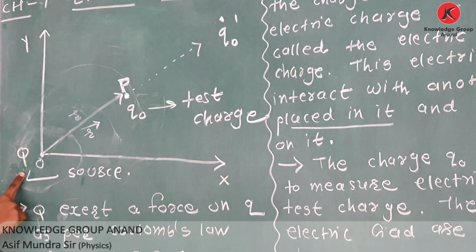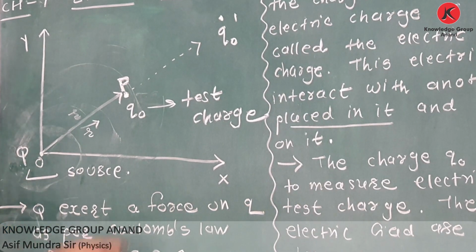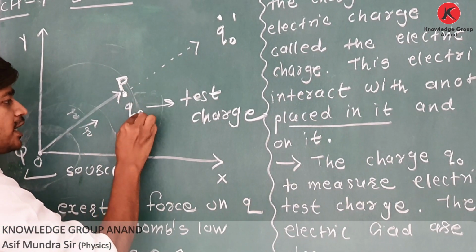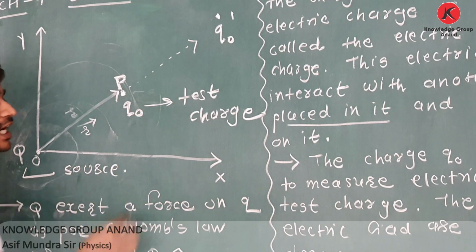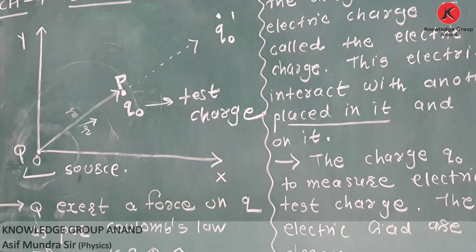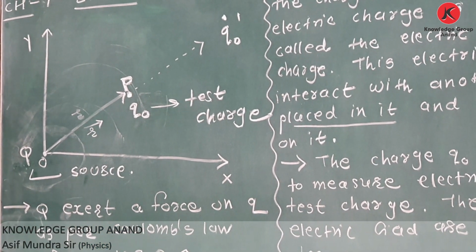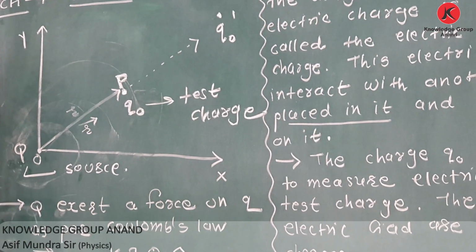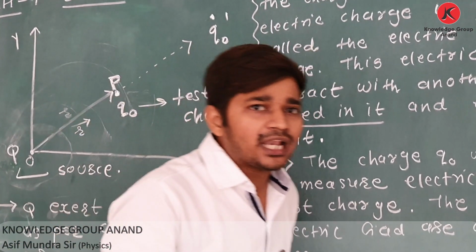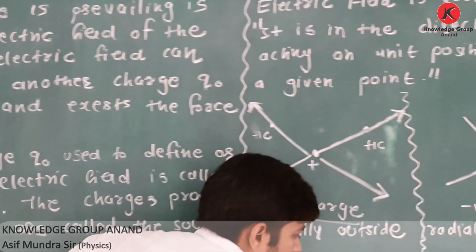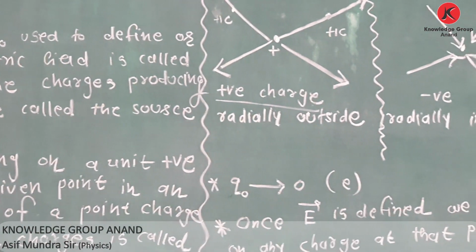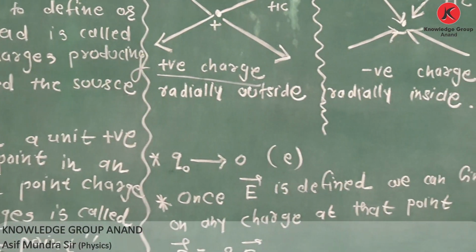That's why you have to take the value of this test charge as small as possible. And what is its smallest value? Its smallest value is e.